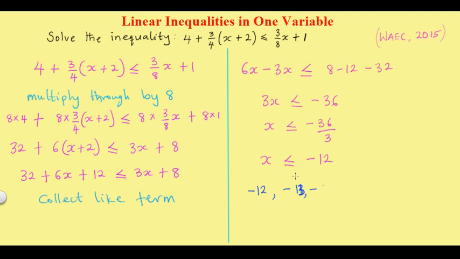Negative 12 itself is inclusive because of the equals to, then negative 13, negative 14, negative 15. So these are values that are less than negative 12 and so on. Remember, negative 12 will be included because this less than or equals to shows that negative 12 can be the value of x or any value less than negative 12.